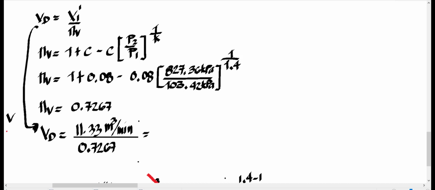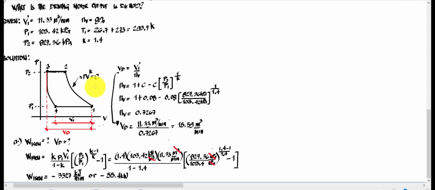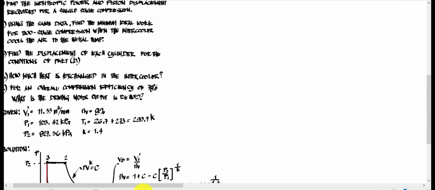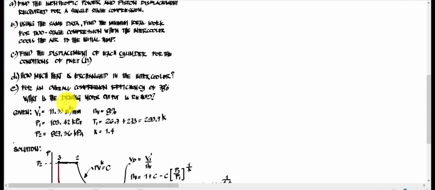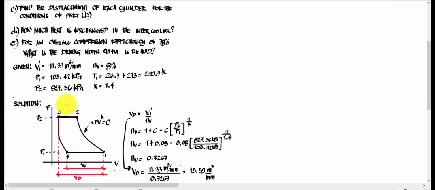Then we shall have your volume displaced, which is 15.59 cubic meter per minute. So looking at the overview of the solution, we can proceed to letter B. So we can solve now the letter B.